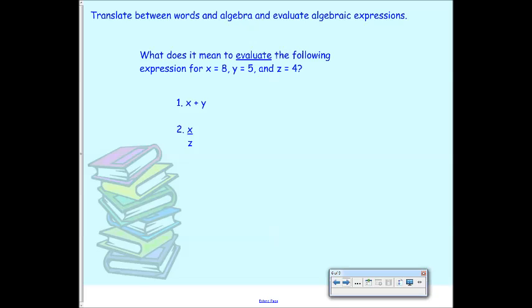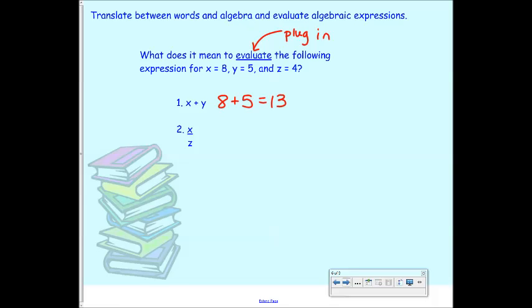Evaluate means to plug in, okay? So when we evaluate an expression, essentially what we're doing is plugging in. In this case, what 2 values am I going to plug in? 8 plus 5, and then what would that give me? 13. Okay, so when we evaluate, we're plugging in numbers for variables, and then we're simplifying if we can. And since 8 plus 5 we can simplify, I know that's going to simplify down to 13.